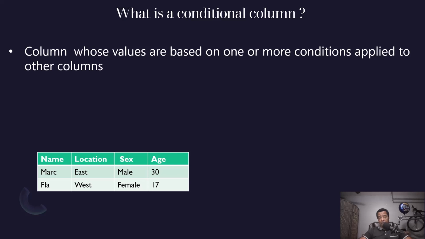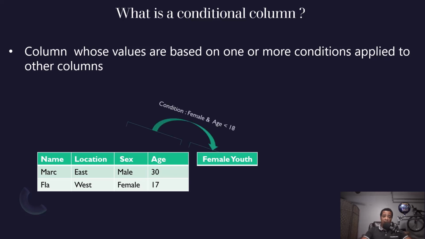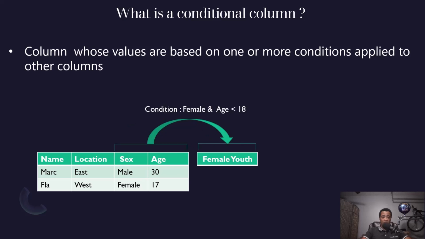Now we want to add a new column, which we will call female youth. This column will be a combination of sex and age. The condition we want to establish is that a person who is female and aged less than 18 years old will be classified as a female youth.